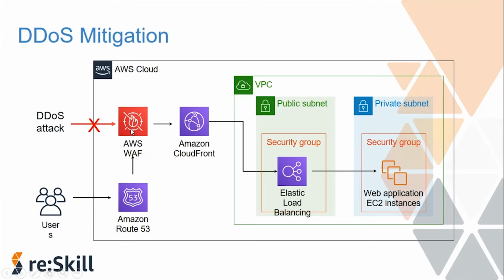If it is allowed, only then it will be passed on to the backend of the infrastructure, which starts at CloudFront and so on. But if it is not allowed, then it will be blocked at this level only, so that DDoS attacks can be prevented by using WAF.